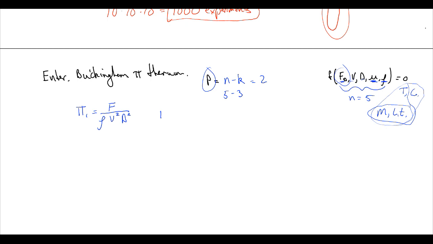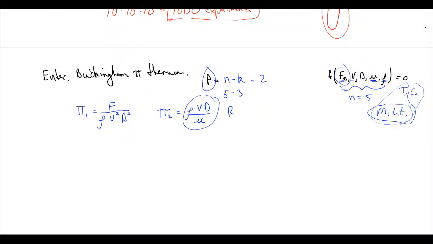And our pi 2, by the way, we'll get to it. Pi 2 is going to be equal to, if we solve for it, rho v d over mu. Now this is our Reynolds number. And this is our drag coefficient.